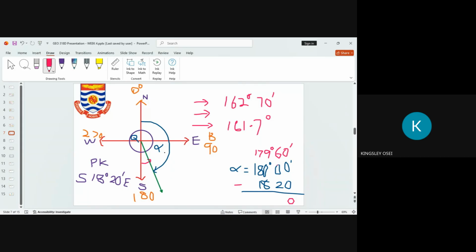So the 180 degrees can be written as 179 degrees, 60 minutes, and it's correct. Although we don't use the 60 minutes like that, for the mathematics, it's still correct. Then I subtract 60 minus 20, which is 40, isn't it?